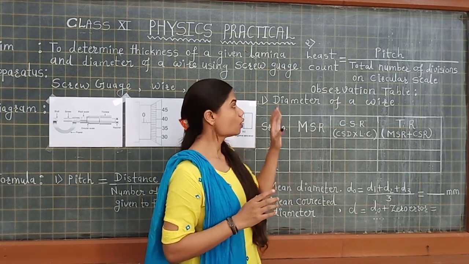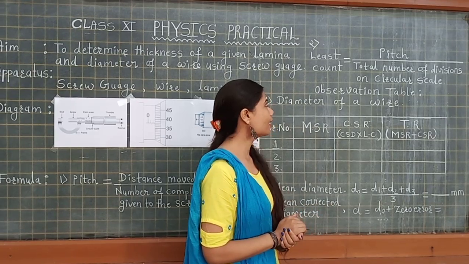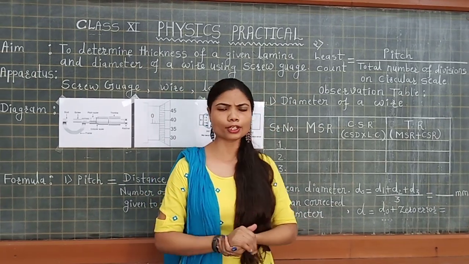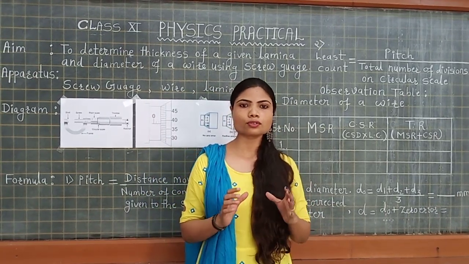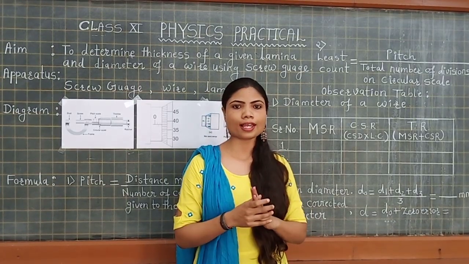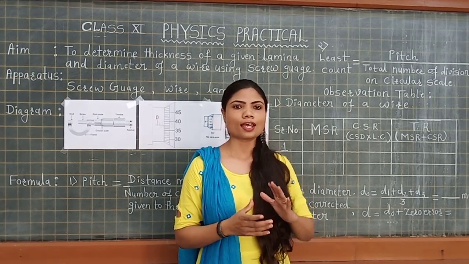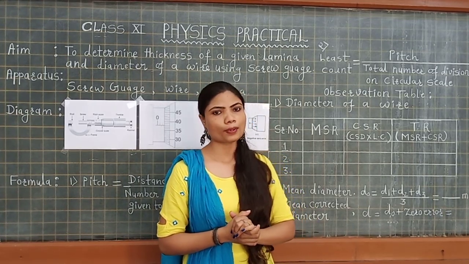Yes, so this is the very important formula called the least count of the screw gauge. Whenever you use this screw gauge, or a vernier caliper, you first have to calculate its least count and then perform your practical.